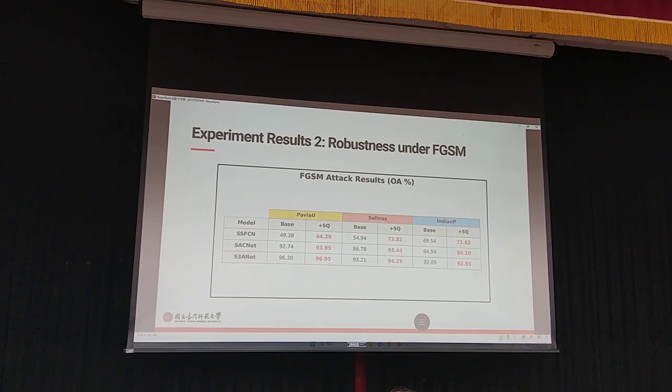The improvement is more obvious for SSFCN, while SSENet and SSSNet show smaller but still positive gains. This suggests that feature squeezing improves robustness under FGSM attack.